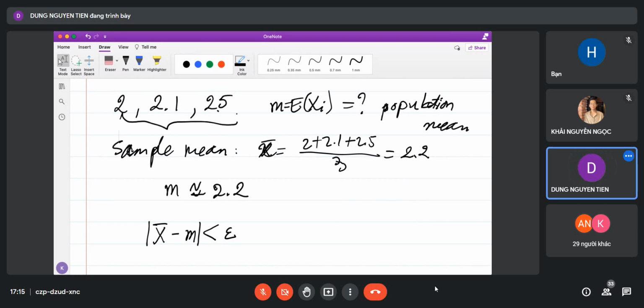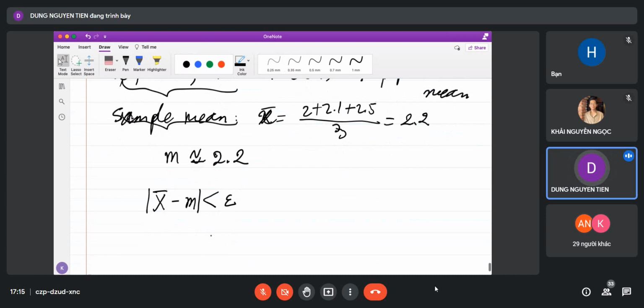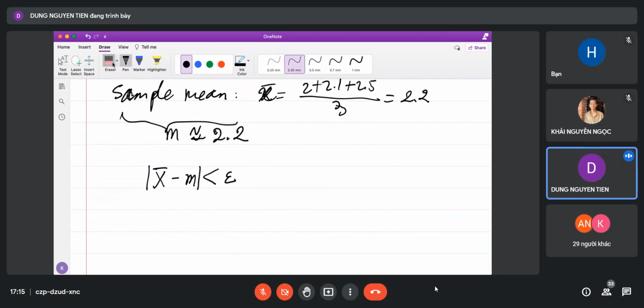So we want to guarantee that this inequality is always true, but we cannot guarantee that. So I want to change my wish a little bit.